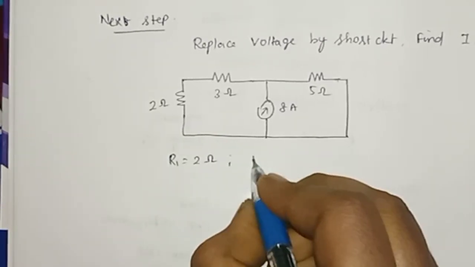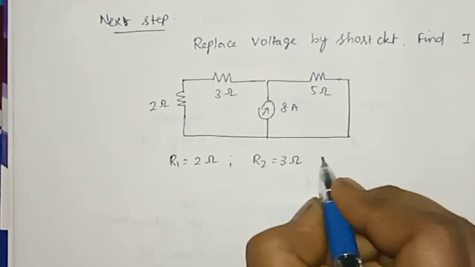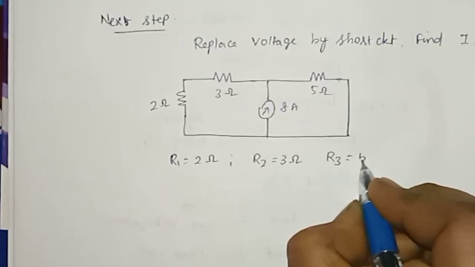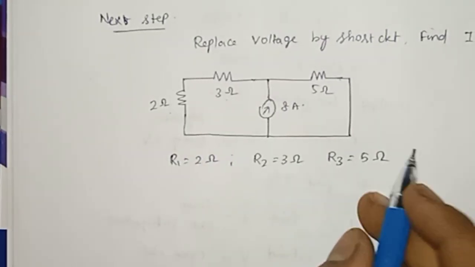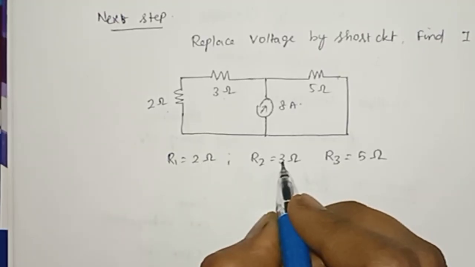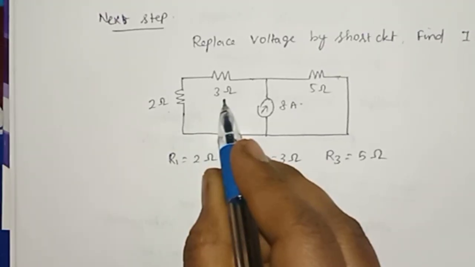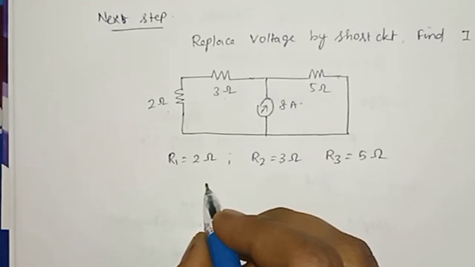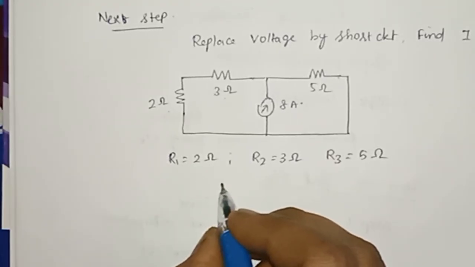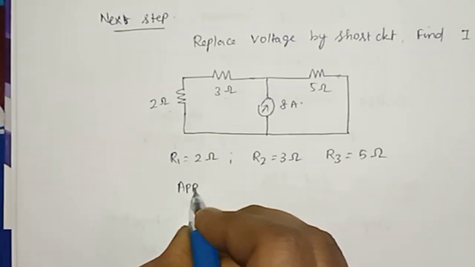Here the values are R1 equal to 2 ohm, R2 equal to 3 ohm and R3 equal to 5 ohm. Three resistances are here. Now I am going to apply KCL.